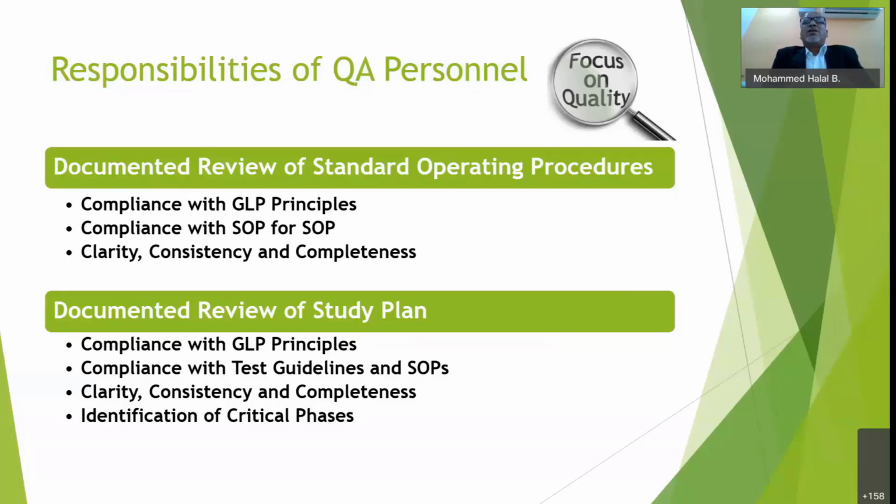Then the critical phase comes. So there are many critical phases. The dosing experiment is actually the main critical part of the study. So that critical phase is captured and identified by the quality assurance personnel, so that the QA personnel can go and audit in the critical phase of the experiment. So this is also a main responsibility of the QA personnel.